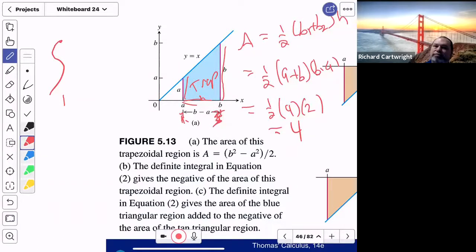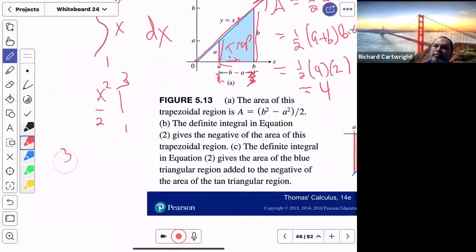That's okay. So if I do 1 to 3 of this trapezoid, the function is y equals x. The area under that curve is the integral of x dx, which turns into x squared over 2 from 1 to 3, which is 3 squared over 2 minus 1 squared over 2, which is 9/2 minus 1/2, which is 8/2, which is 4.